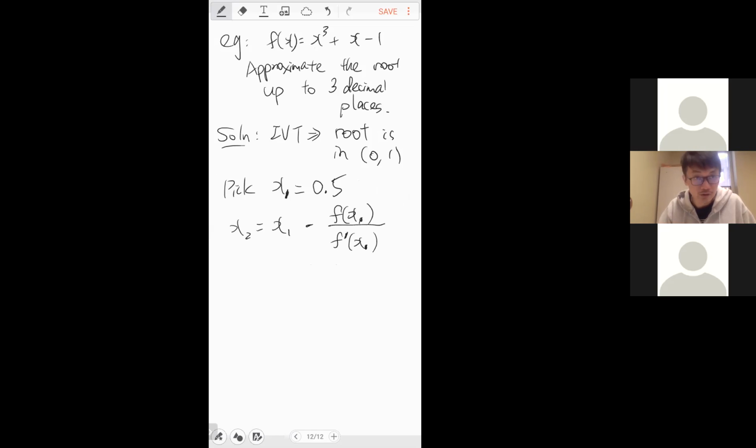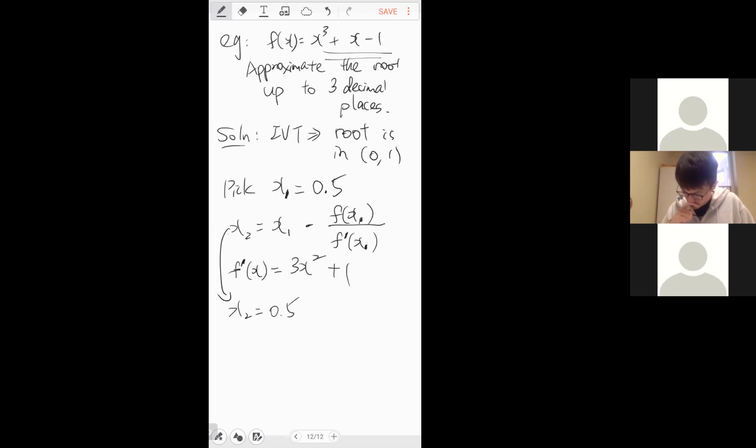You just plug 0.5 into the original function. But for f prime of x1, I need to take the derivative. So let's compute the derivative. The derivative is 3x squared plus 1, right?